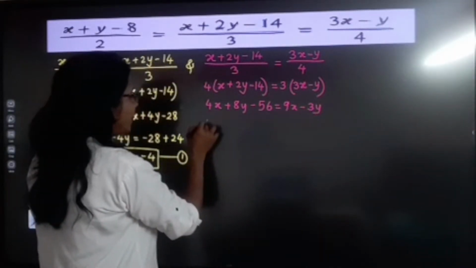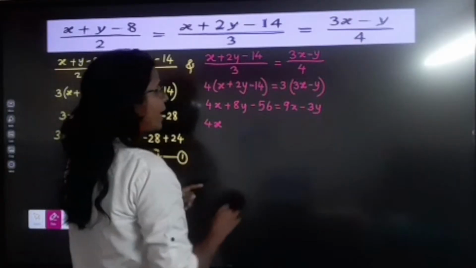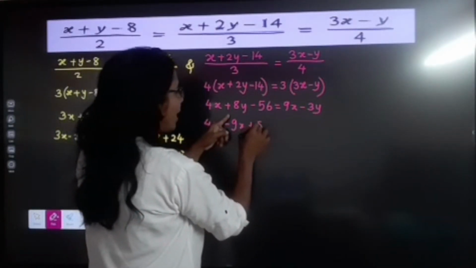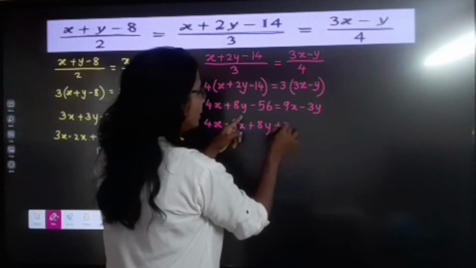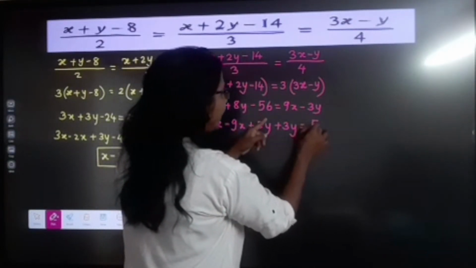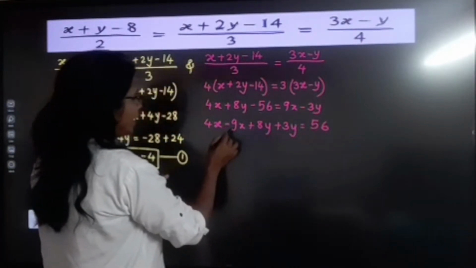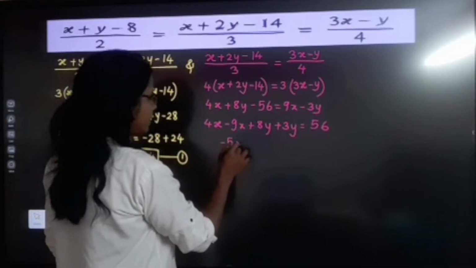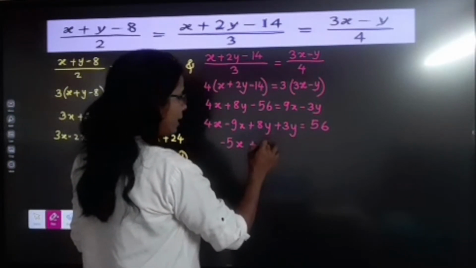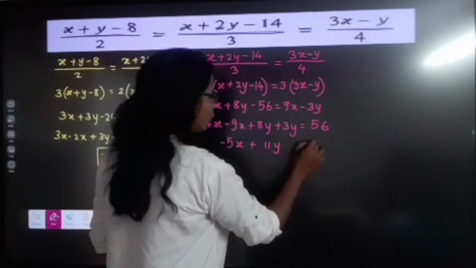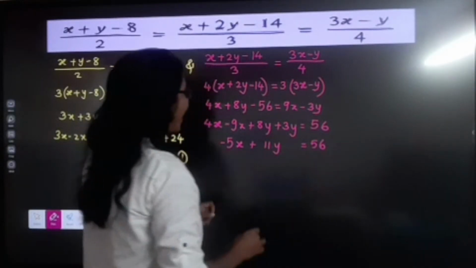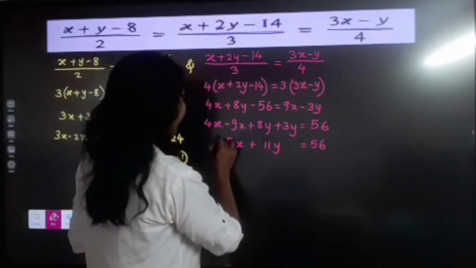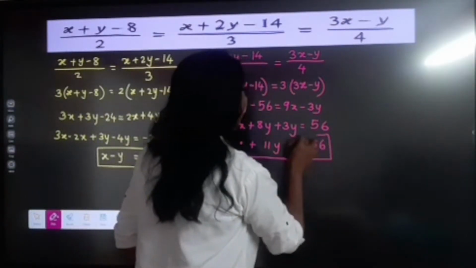Now arranging the terms properly, 4x minus 9x plus 8y plus 3y is equal to 56. So minus 5x plus 11y is equal to 56. I call this the second equation.